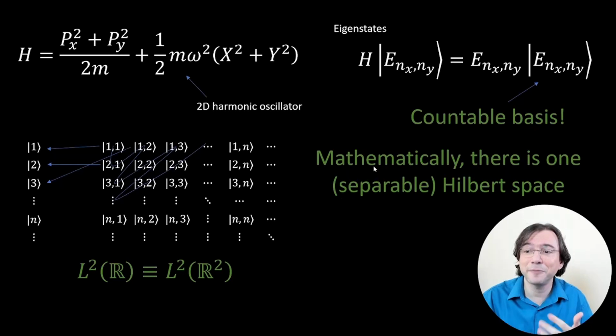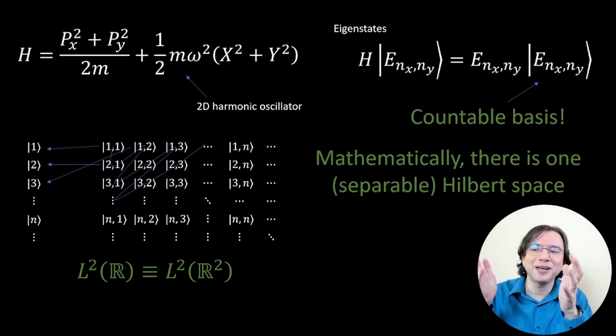Mathematically, if the basis is countable, which means the Hilbert space is separable, and there's good reason to think that non-separable Hilbert spaces are even less physical, so we do not even consider them, all of those separable Hilbert spaces that have a countable basis are actually the same space mathematically. They are isomorphic. And again, this is counterintuitive because physically it does not make sense that we can take the information on two degrees of freedom and repackage it in a single state for a single degree of freedom.